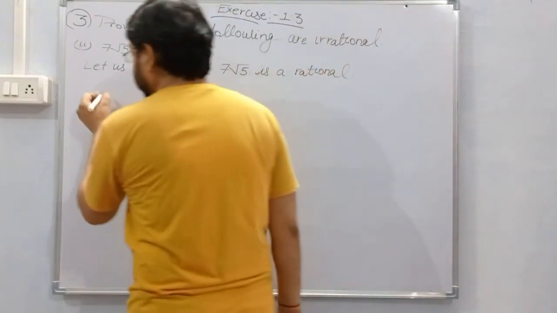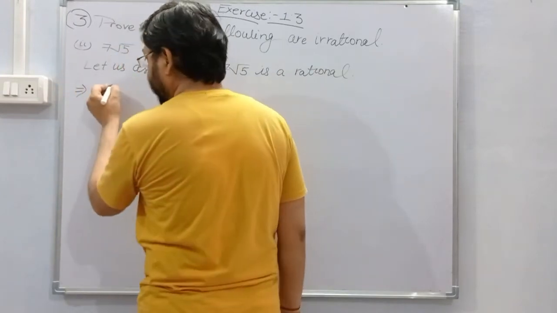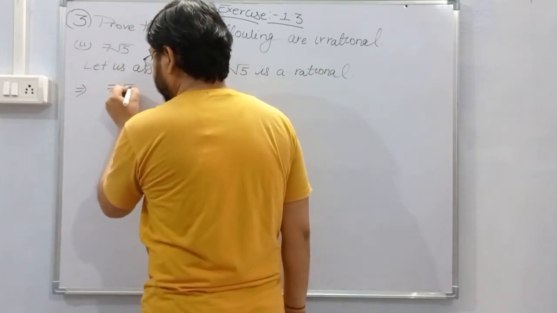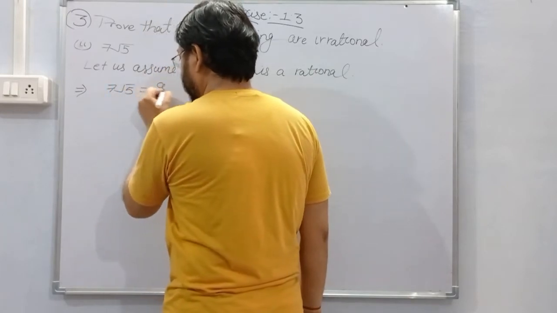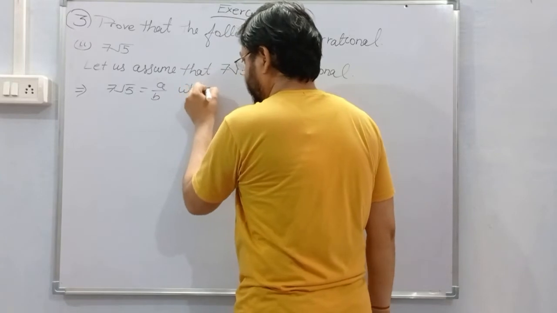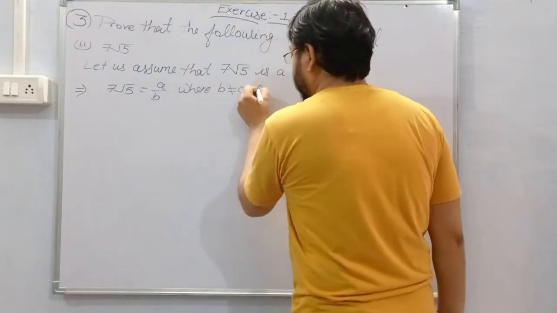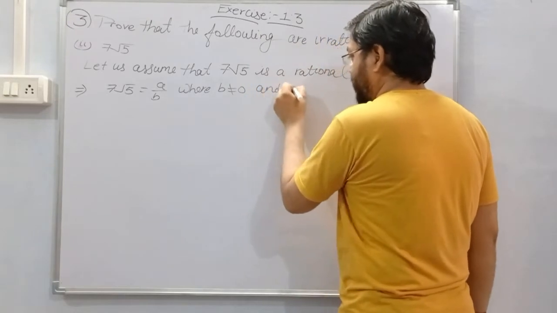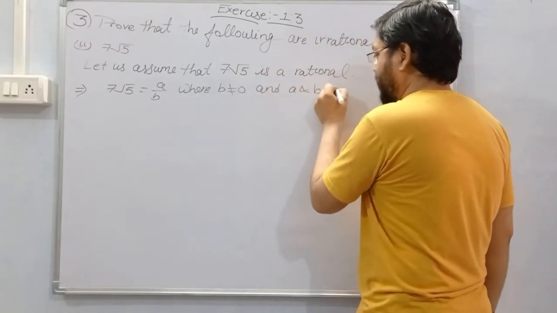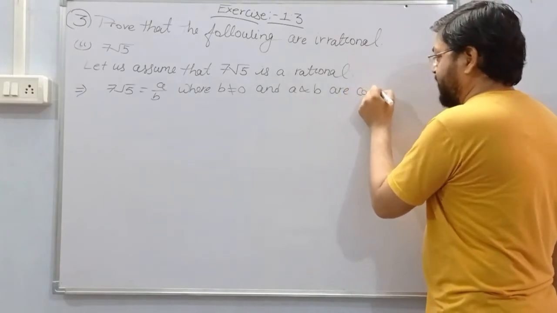If this is rational, then I can write it in the form of a upon b, where b is not equal to 0 and a and b are co-prime numbers.